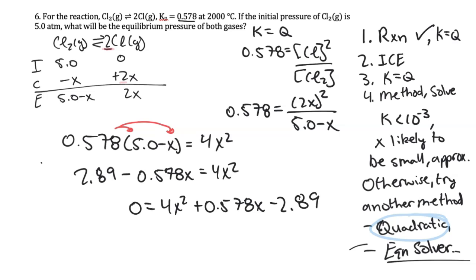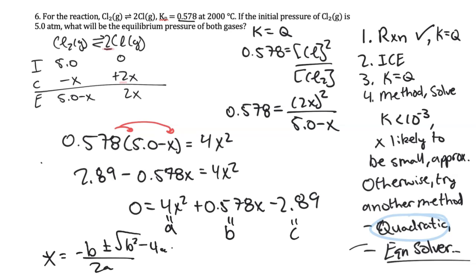A is 4, B is 0.578, and C is negative 2.89. And then I can just use the quadratic formula: x is equal to negative b over 2a, plus or minus the square root of b squared minus 4ac.